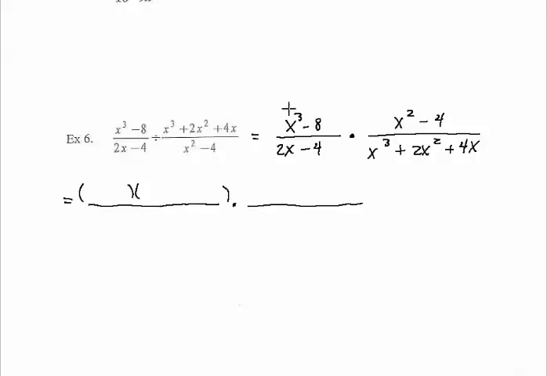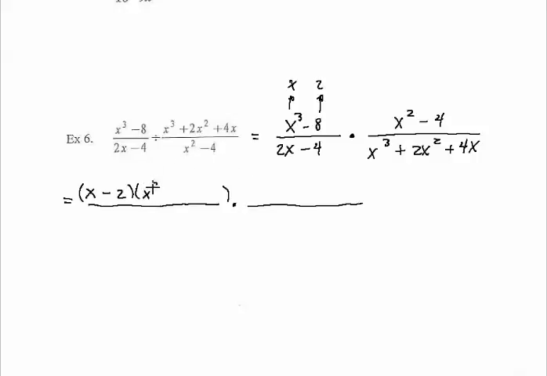Now the cube root of x to the third power is x, and the cube root of 8 is 2. So our first factor is going to be x and 2, and then we just copy the minus sign since we were dealing with the difference of cubes.